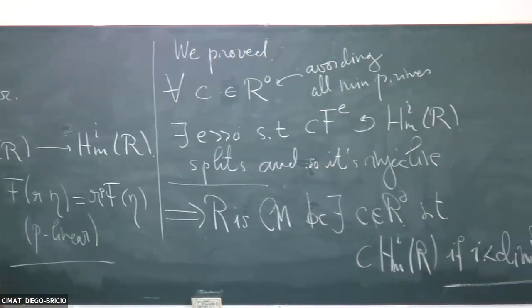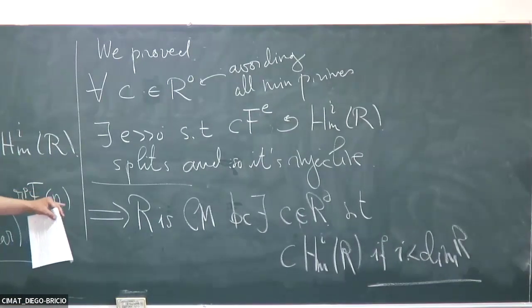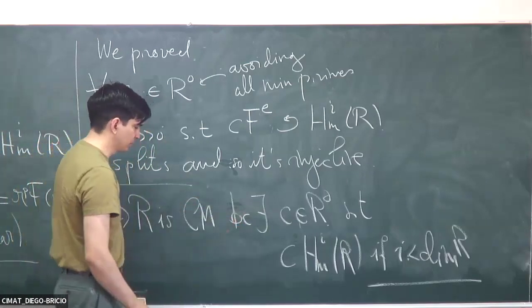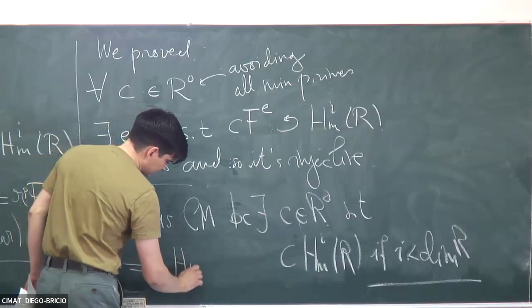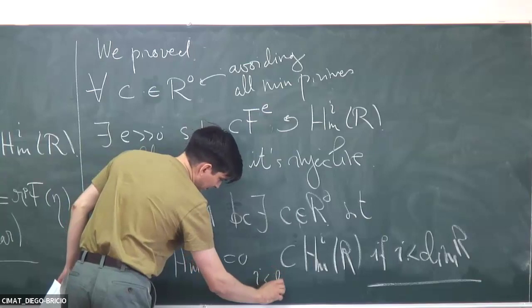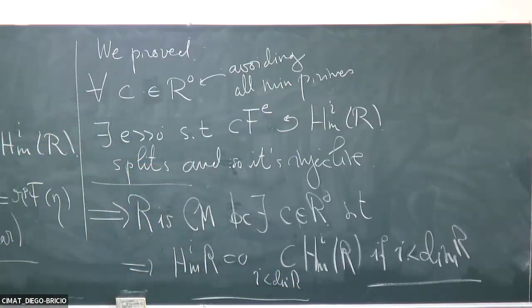So if there is a c killing these local cohomology modules, and you have this property, then that's going to force them to be 0. Right? So then we have that these guys are 0. Which is what needs to be Cohen-Macaulay. Okay?